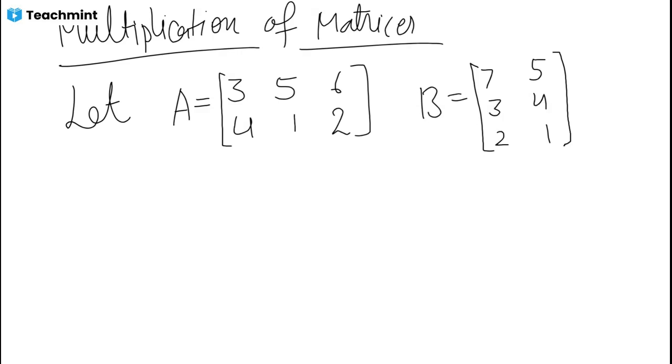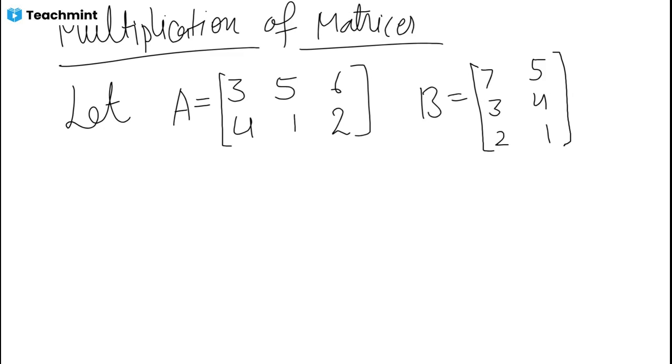See, to multiply matrices, the number of columns in the first matrix must be equal to the number of rows in the second matrix. Only then we can multiply. We can have as many rows as we like in the first, or even a single row, but the number of columns in the first matrix must be equal to the number of rows in the second matrix.